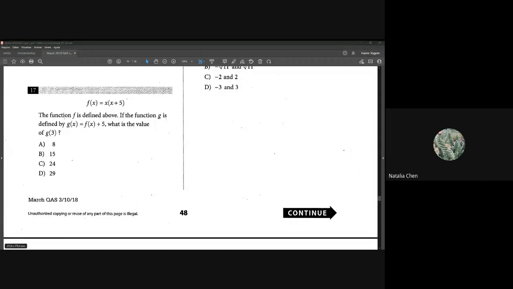The function f is as defined above. What if the function g is defined by g of x equals f of x plus 5? What is the value of g of 3? Tá bom. g of 3, f of x plus 5.